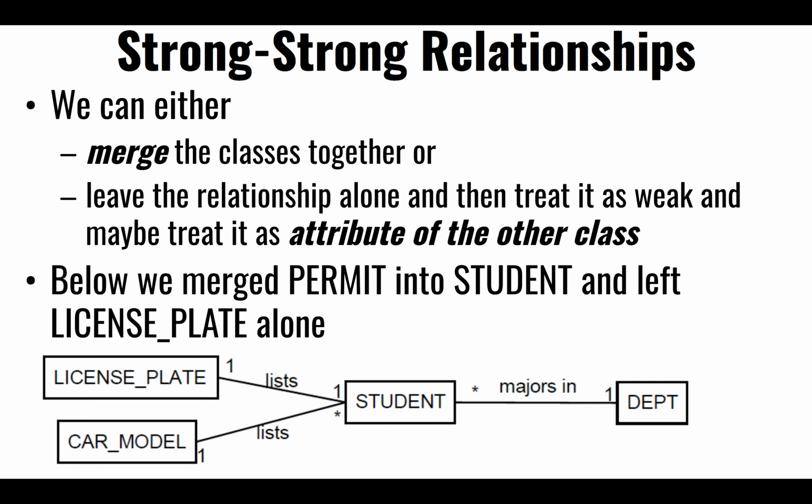Now, somebody had mentioned that when you have these strong relationships, sometimes the argument is, well, why don't we just have the other record be part of the parent record? Where the permit information for a student has been sucked into the student. Aren't they part of the same thing?